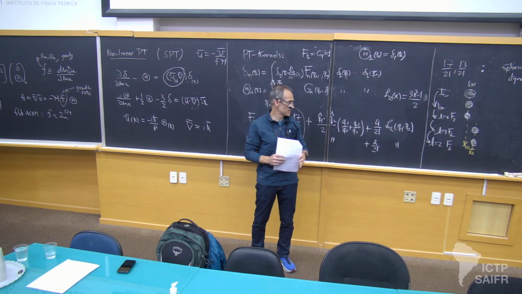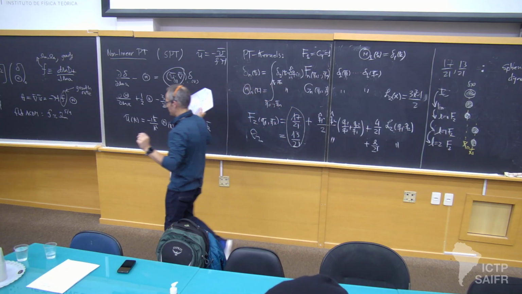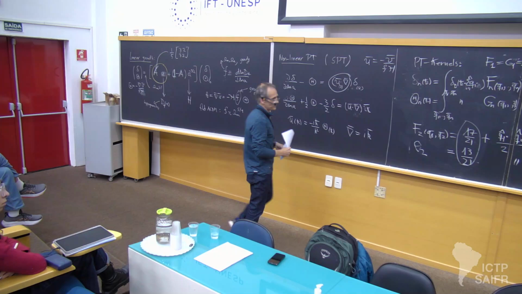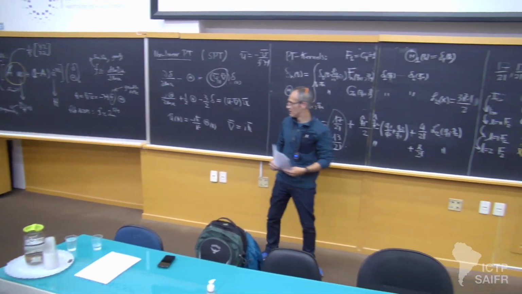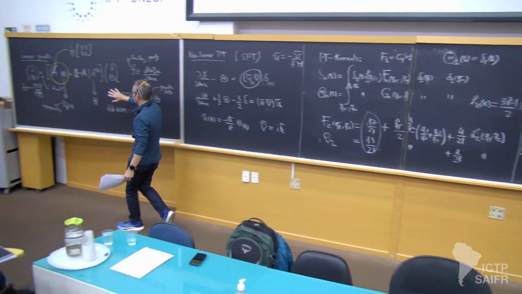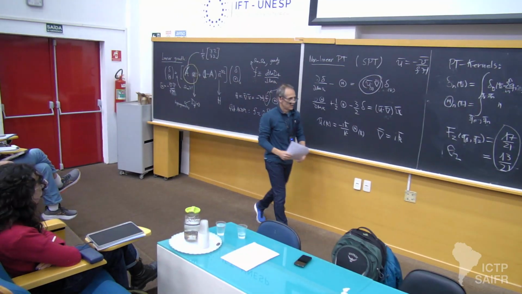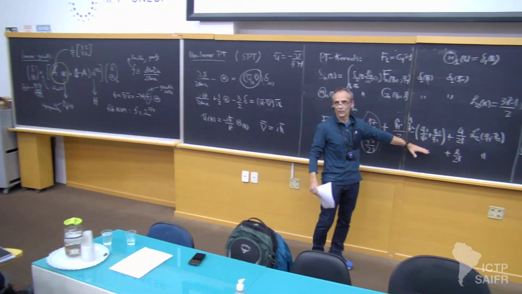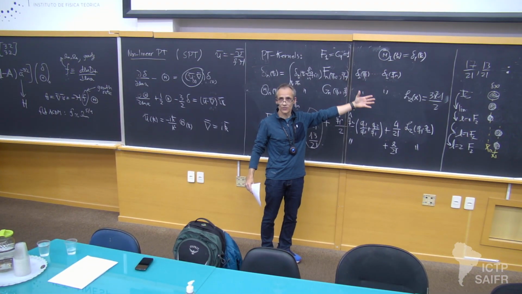And this is the claim, which may not be obvious from here, that if you actually put the decaying mode in the linear solutions, this is still correct for the fastest growing mode in each order in perturbation theory, okay?